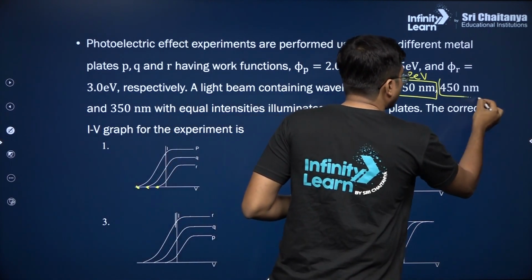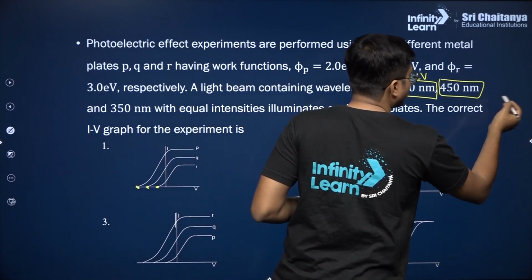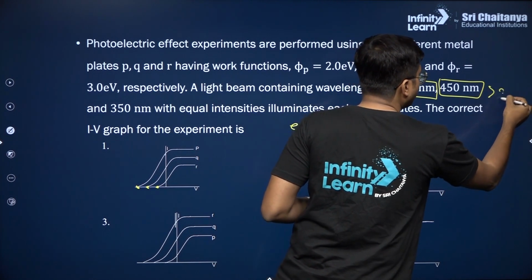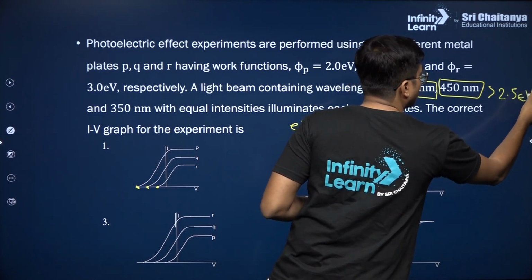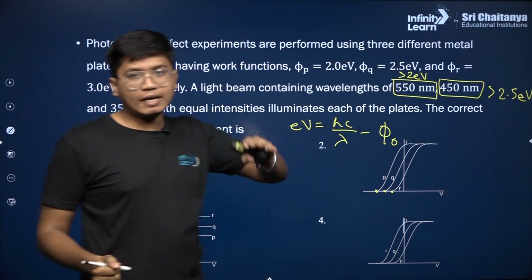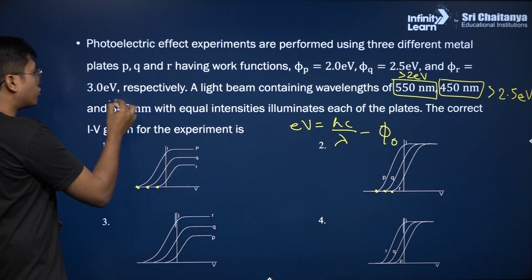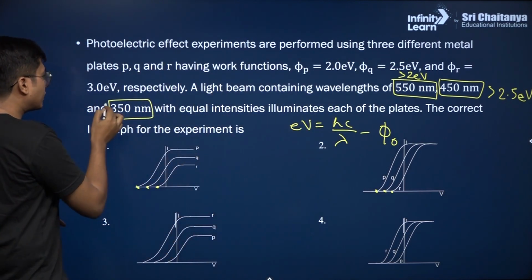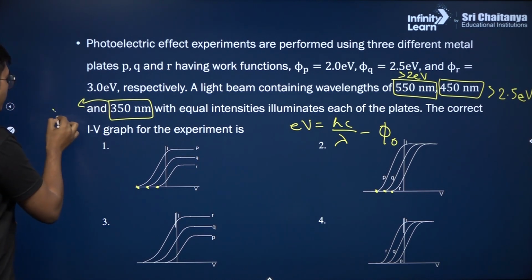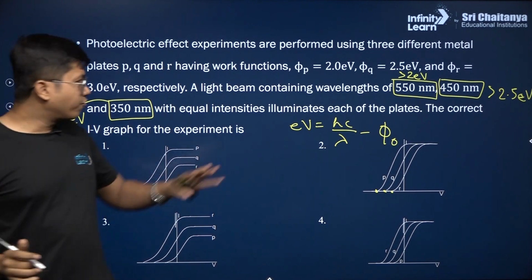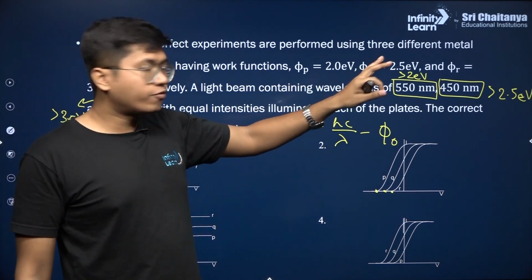For the 450 nanometer, it would be greater than 2.5 but less than 3. And the 350 nanometer would have energy greater than 3 electron volts. I'm not going into the exact values, but if you calculate, you'll get it.